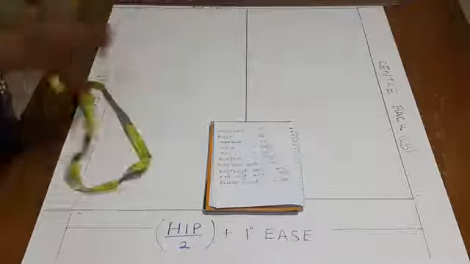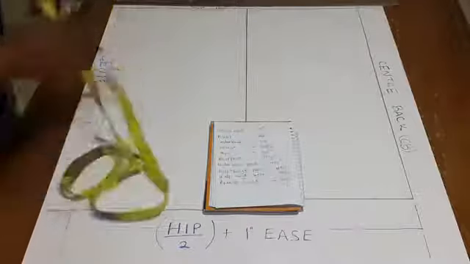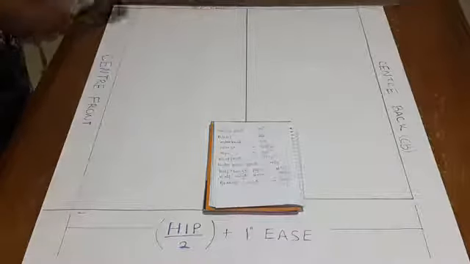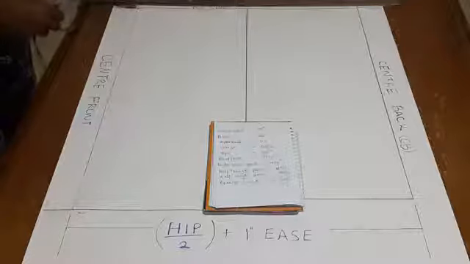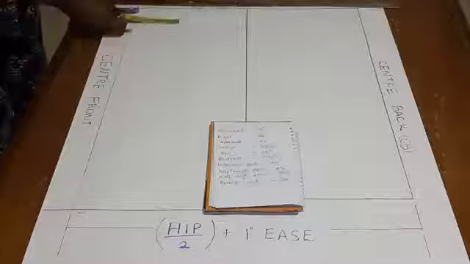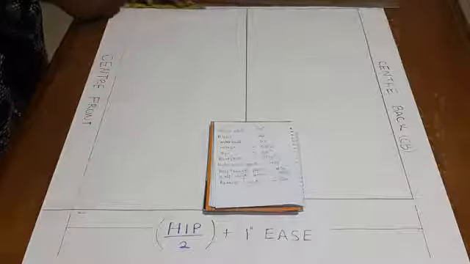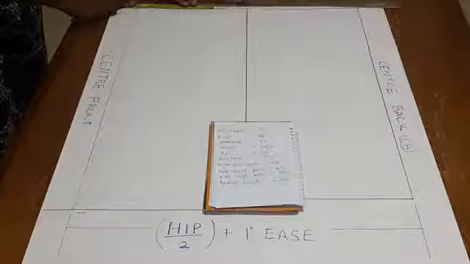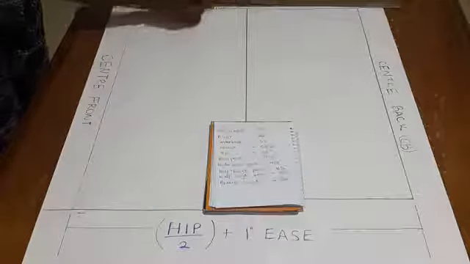Our shoulder circumference is 14 inches. This is the point O on the top line for the center front. So shoulder circumference is divided by 2. 14 divided by 2 gives us 7 inches.